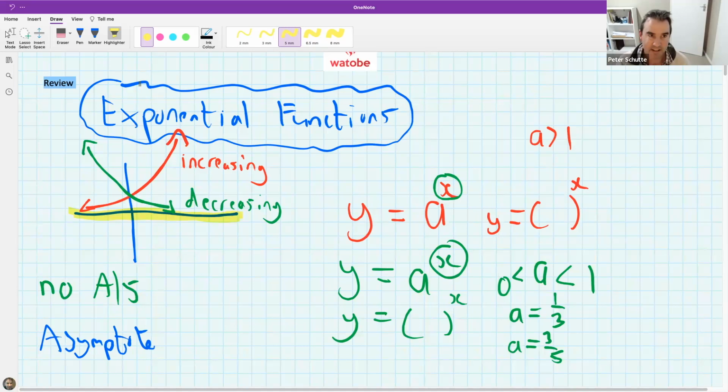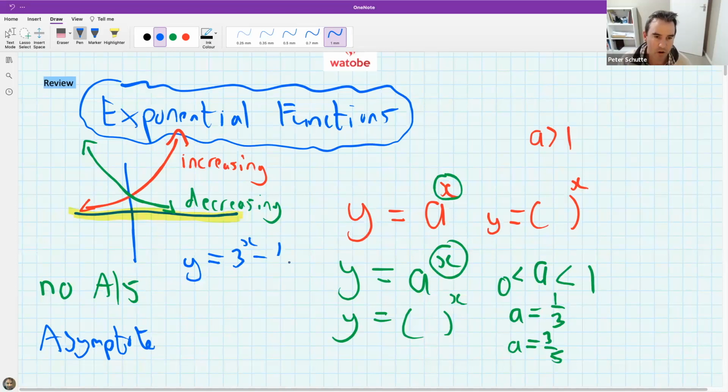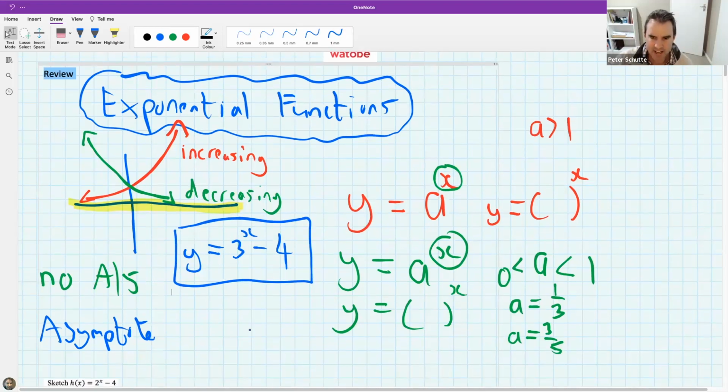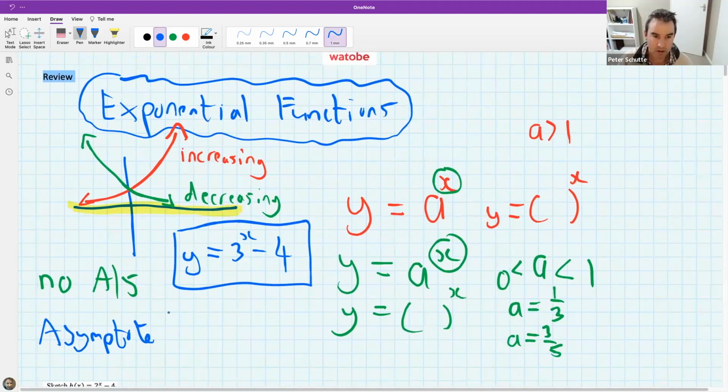But in the last lesson, we also started to speak about what happens if we shift a basic exponential graph, like we have 3 to the x, and then we say, oh, we want to do that. We started to speak about how we could draw something like this. Can anybody remember? So the point is there is an asymptote, and normally we look at this number to help us know where the asymptote is. So that's what we spoke about in the last lesson.